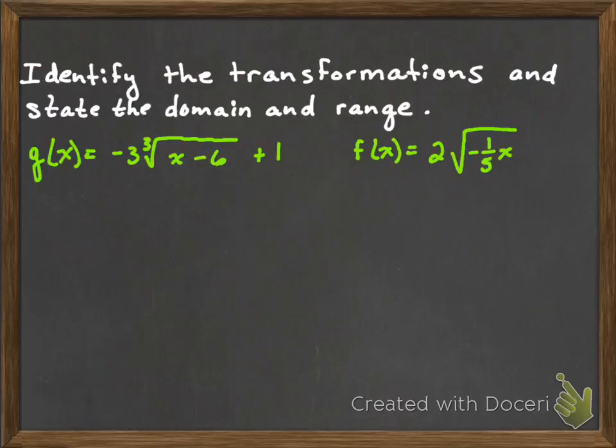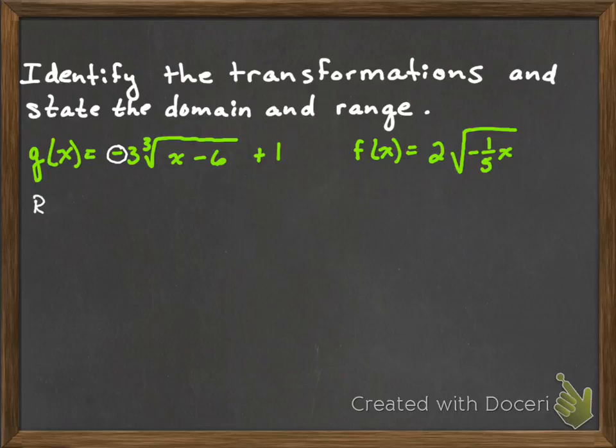All right, so let's take a look at some actual equations and list the transformations on these. Starting with g of x right here, we have a negative right here, and it is located on the a value.